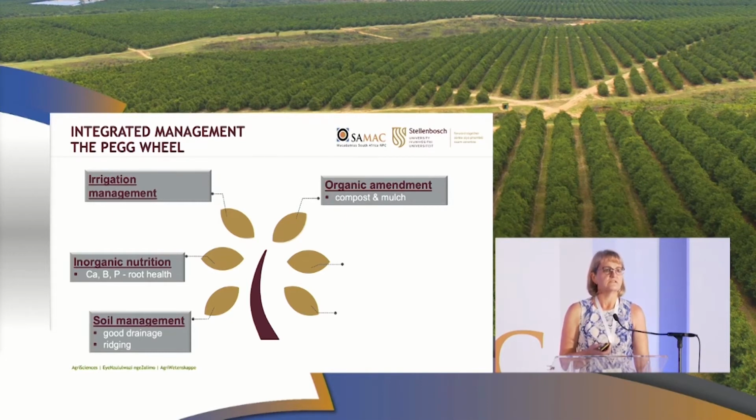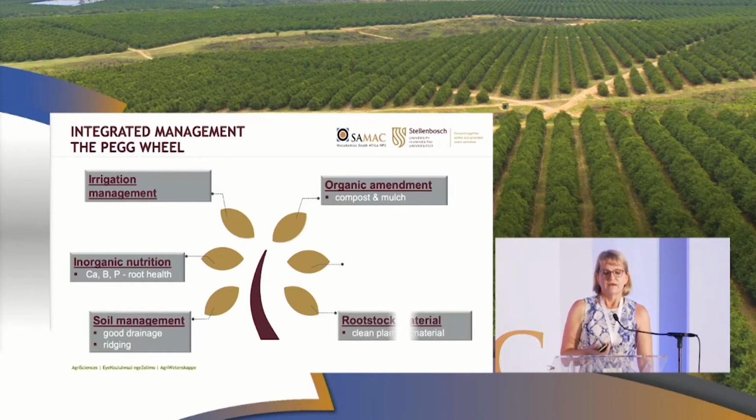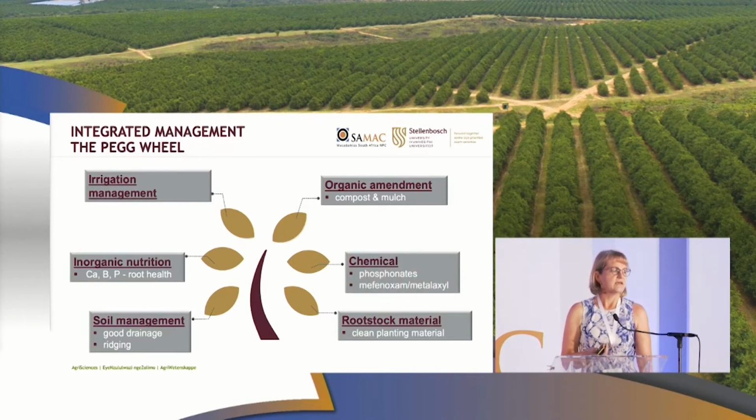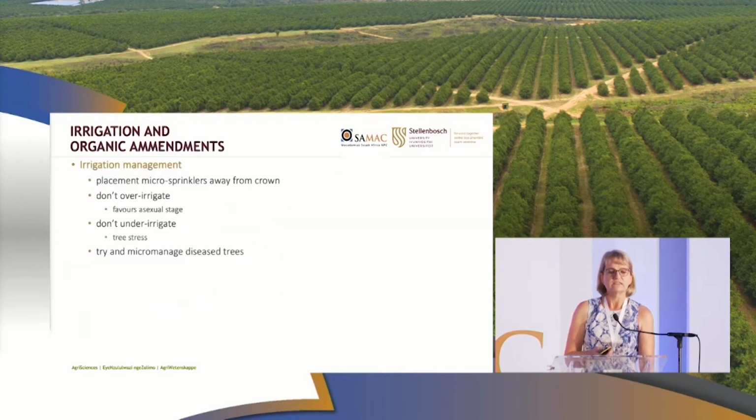The less free moisture and moisture accumulation you have in your soil, the better. If you're going to plant on a clay soil, you will most likely have problems with Phytophthora. So site selection is very important where possible. Rootstock material is very important: purchase from certified nurseries that regularly test that the trees are Phytophthora free. And then lastly, chemicals, with which I will end.